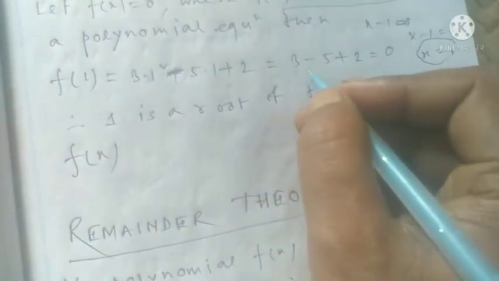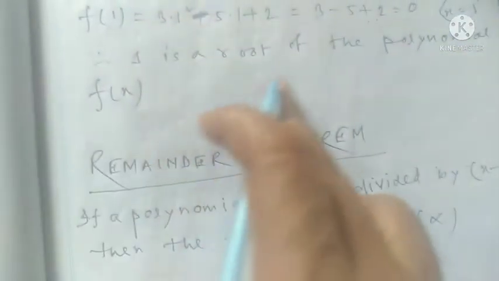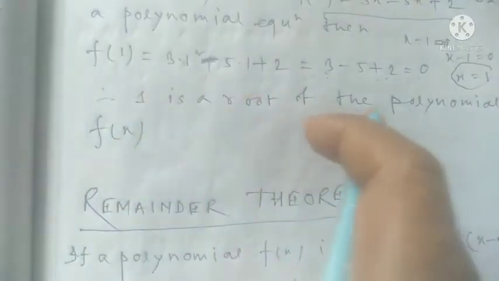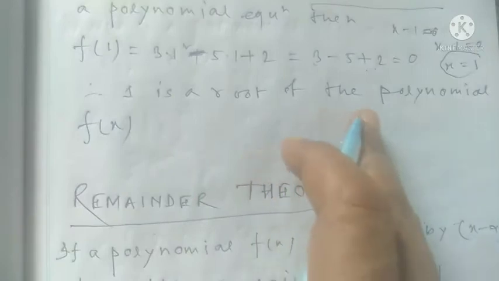That's why 3 minus 5 plus 2 is equal to 0, because 3 plus 2 is 5, and minus 5 plus 5 is 0. So 1 is the root of the polynomial. It is clear that 1 is a root of the polynomial and x minus 1 is a factor of this equation.